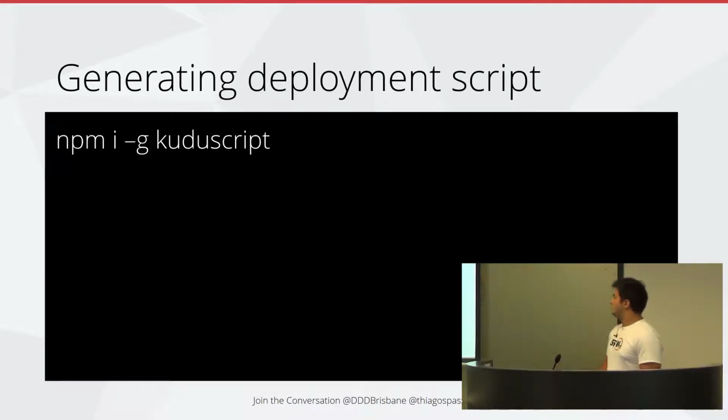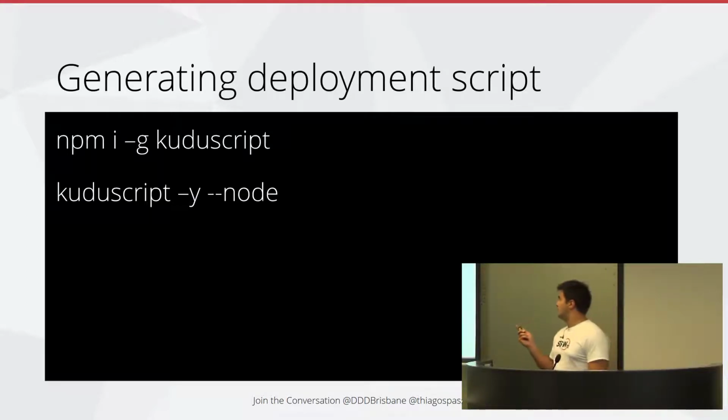Okay, so this part is pretty simple. We're gonna do an npm install and install the Kudu script locally, so we can generate this script and commit that script into our repository. So you do a kudu -y --node because we're gonna use Node to build the Angular app.